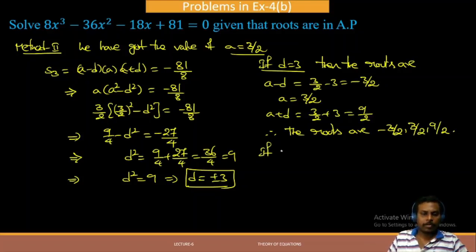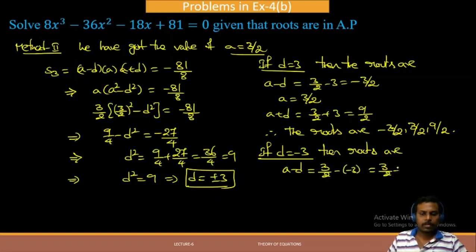Now if the d value is equal to minus 3, then the roots are a minus d, that is equal to 3 by 2 minus of minus 3, that is equal to 3 by 2 plus 3, that is equal to 9 by 2, and a plus d value is 3 by 2 minus 3, that is equal to minus 3 by 2.